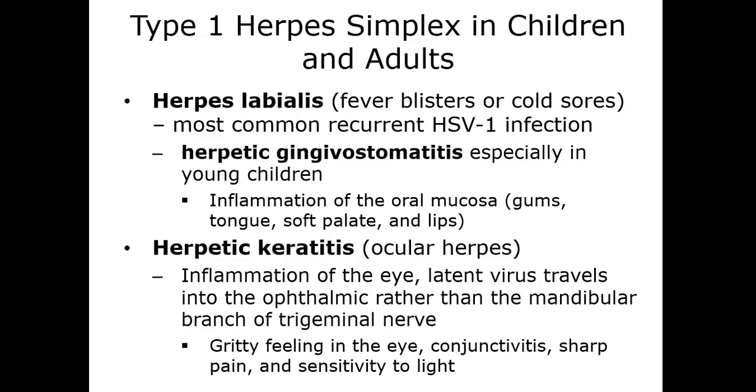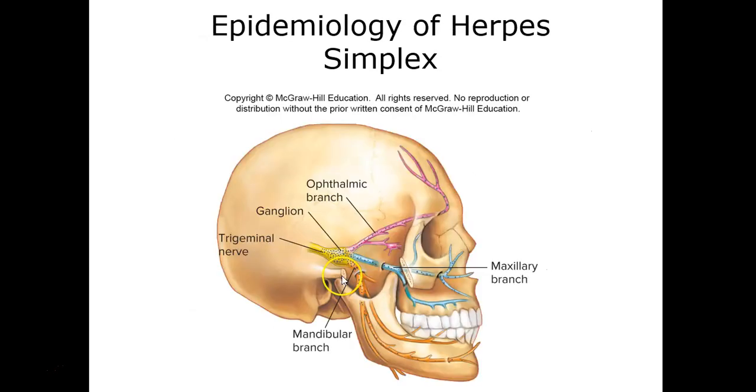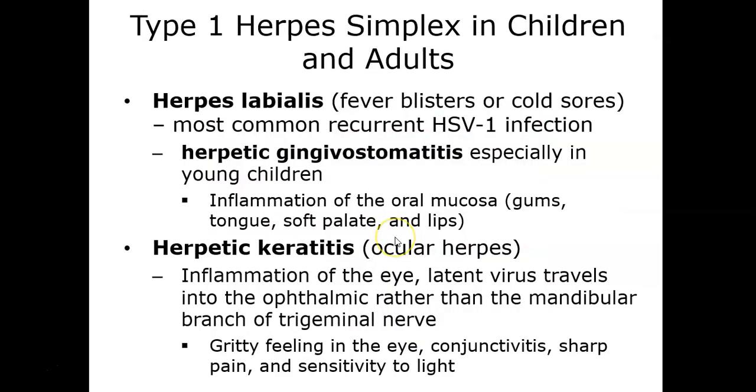And this is an inflammation of the eye, where the virus travels into the ophthalmic region rather than the mandibular branch of the trigeminal nerve, where we saw back here. Here's your trigeminal nerve. What we see with the herpetic keratitis is it actually travels into this ophthalmic branch into the eye region.